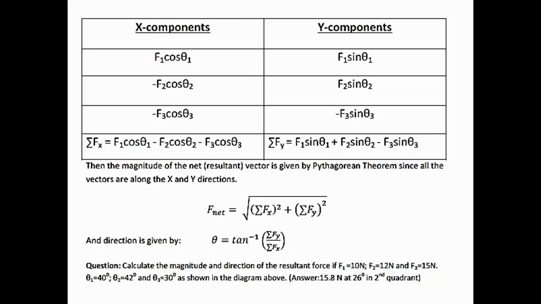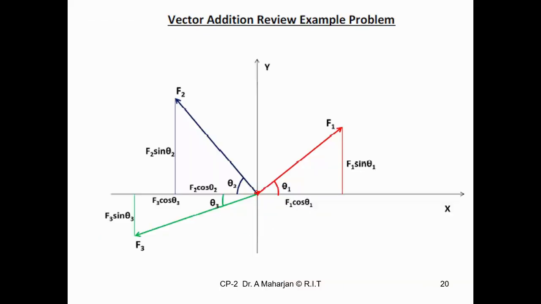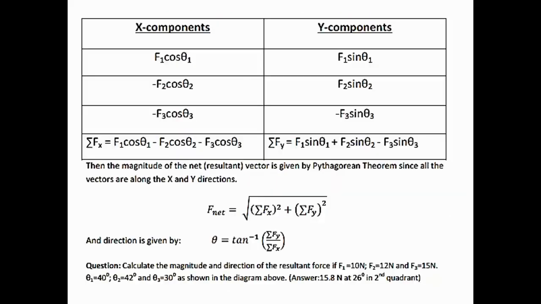The first thing is you have to resolve, right? You have to decompose each of these vectors using trigonometry into two components. This is the y component, sin theta, and cos theta is the x component. Do this for the second force, do this for all the forces, and summarize. Put all the x components on this side, put all the y components on this side, and then sum them up.